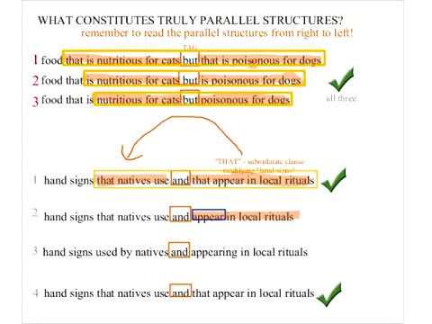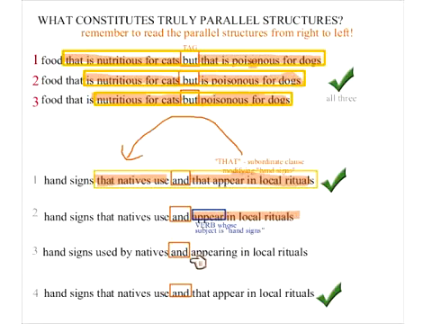This is a verb whose subject is hand signs. Now remember, with parallel structures, they've got to be grammatically parallel, but they've got to have the same function.